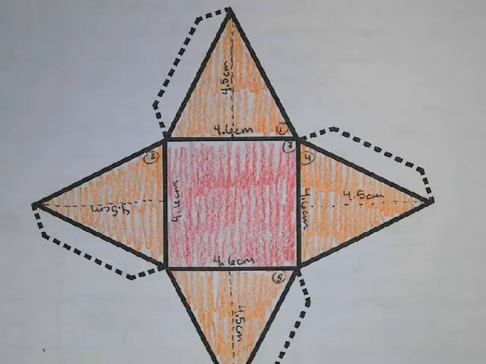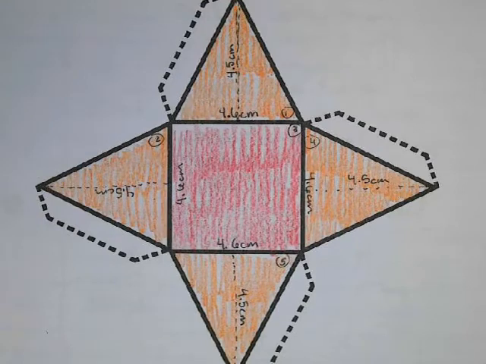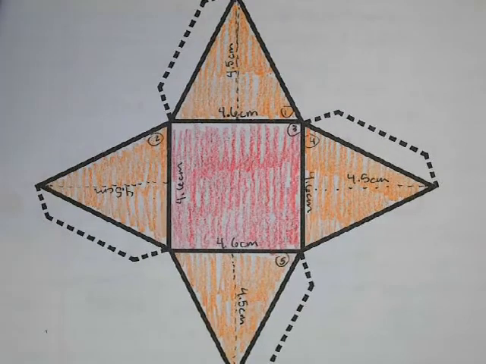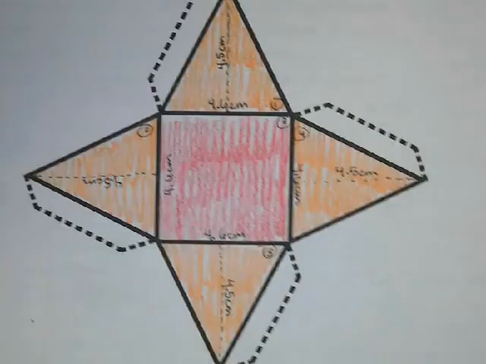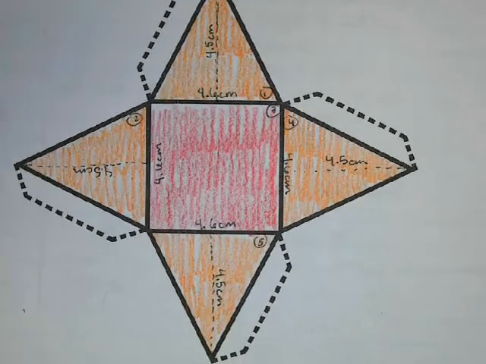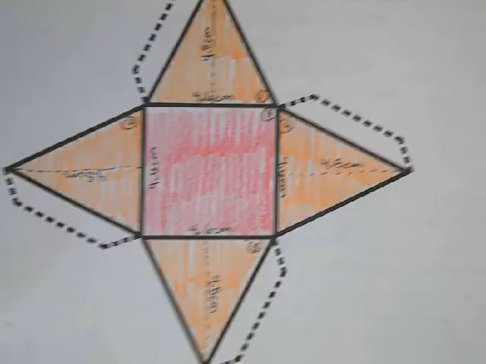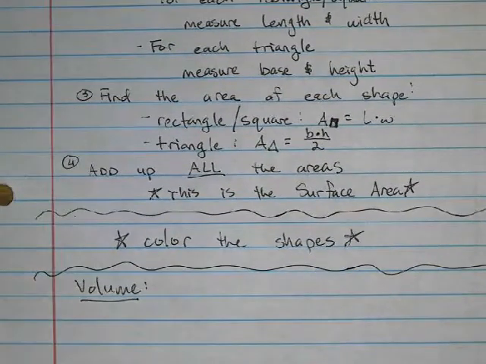Okay, now that we have our prism colored, we're ready to move on to volume. So let's go back to our notes page and start taking notes on the volume portion of the pyramids.